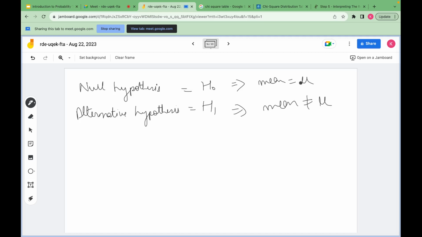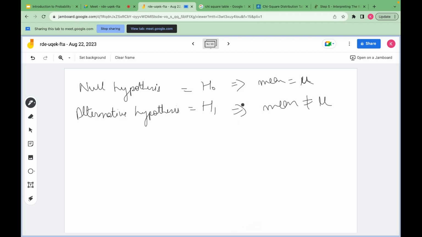Now when we say that this is H0 and this is H1, we need to verify which of these hypotheses is correct. Is the mean equal to mu or not equal to mu? For that we will use the test statistics we used in the previous examples, where we were finding the range or confidence interval of the mean and variances. We will use that concept here.